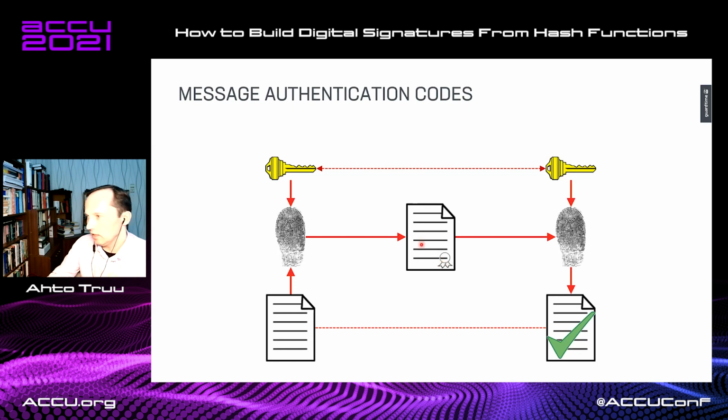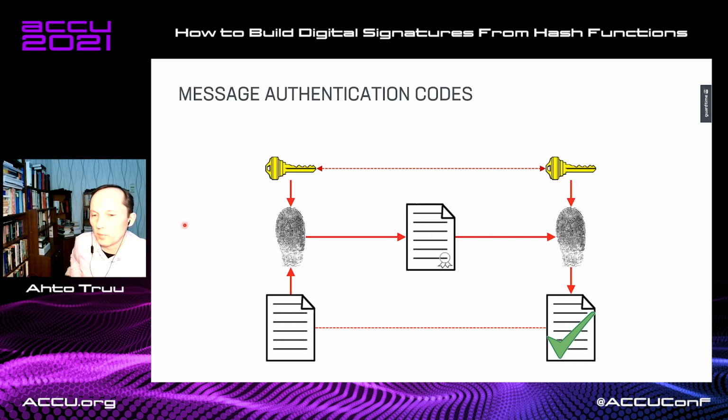But they don't have the key, and this means that they can't update the tag to match a modified document, assuming the hash function has all the preimage resistance, second preimage resistance, and collision resistance properties. So this is secure.